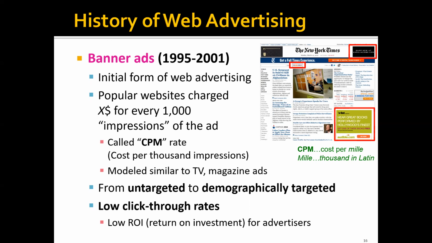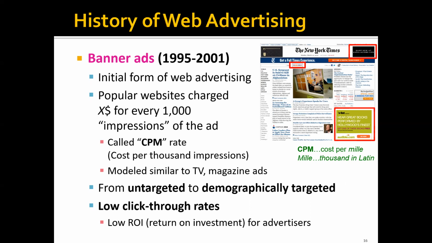This is why over the years, search engines and websites switched to a different model, which is called demographically targeted. Usually what they do is make the ads more targeted to the user.